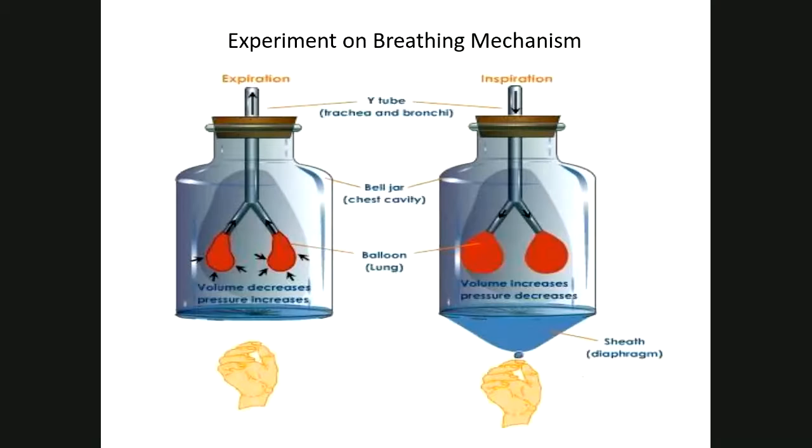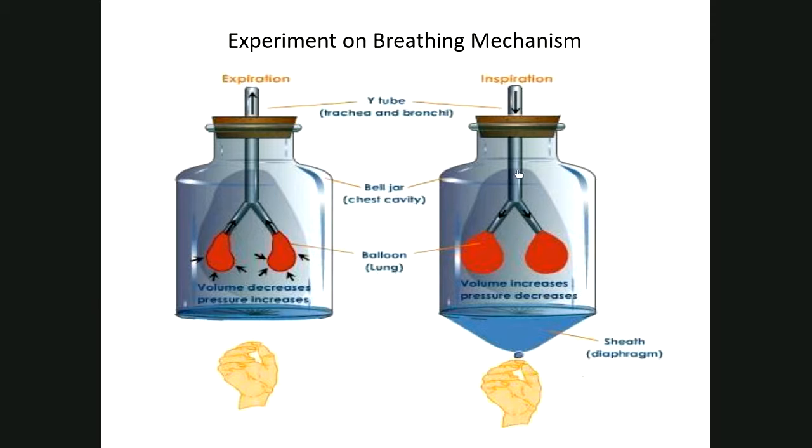So this figure here shows you the basic function of the respiratory system, the inspiration and the expiration. Here you can see the movement of this. This is a bottle which is sealed, and then there is a pipe which is open, allowing the air to move in and out.